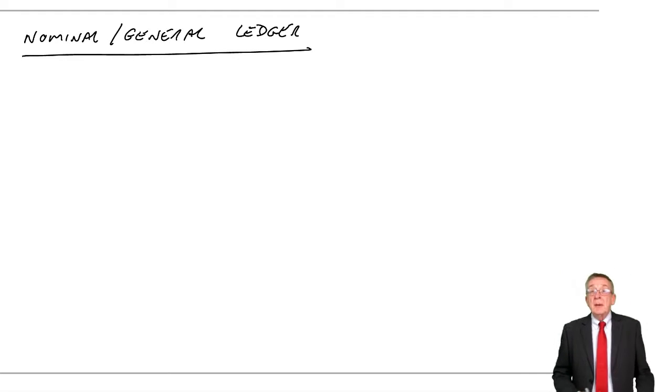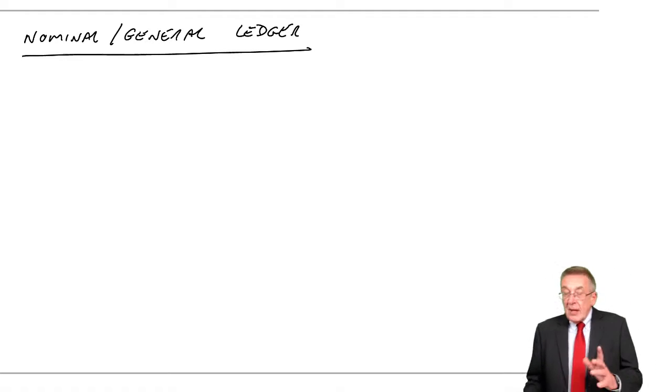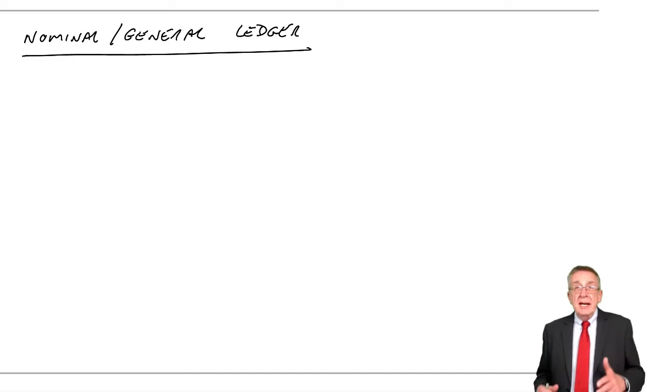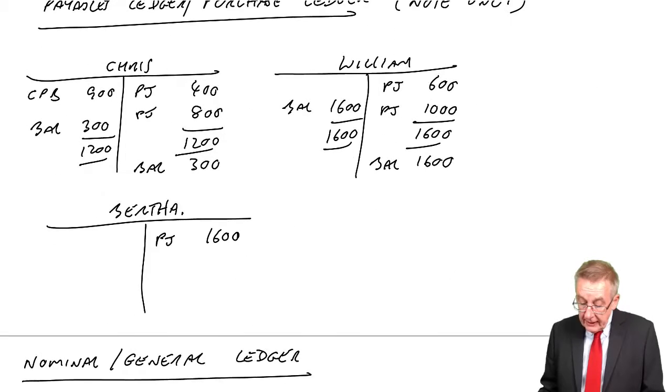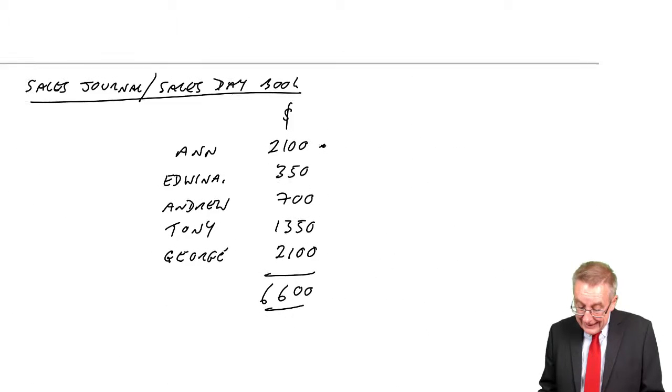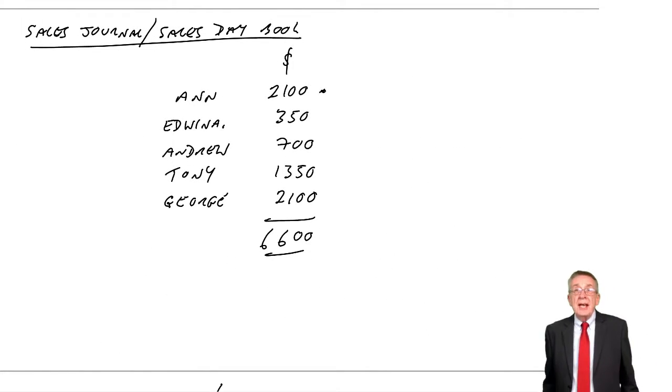And watch me carefully how we go about it. We take each of the books of prime entry in turn. So first of all, let's take the sales journal or the sales day book.